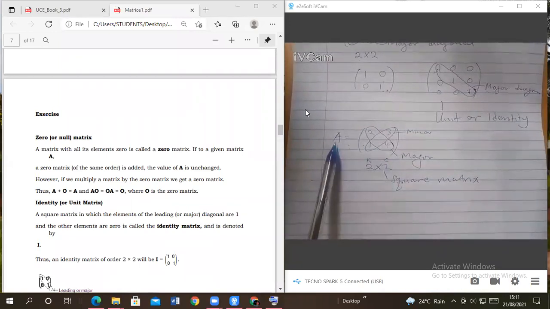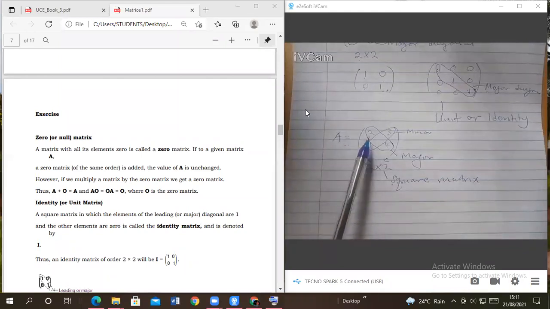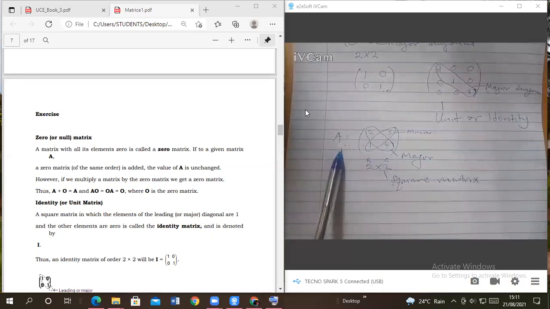But this matrix A is not an identity matrix. It is a square matrix, but not identity matrix. Why? Because in the major diagonal, we don't have ones, and the rest of the entries are not zeros. It can be square, but not identity.